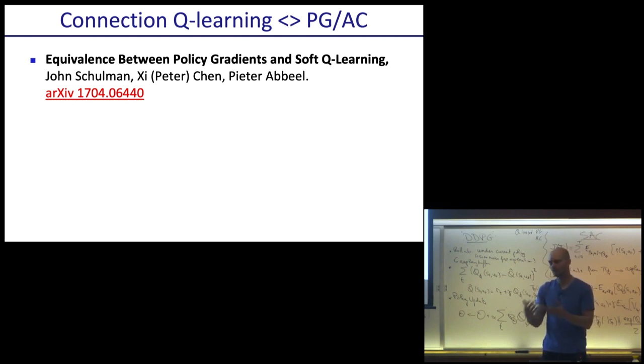You're following a policy and you're updating a Q function, which in turn updates the policy through the KL divergence. And if you look at the details of that, as a whole it starts looking a lot like a policy gradient update. So in practice, even though we all talk about Q-learning as being so different, a lot of people use the Boltzmann, the softmax policy for their data collection, and hence at that point it brings Q-learning a lot closer to the soft methods here as well as policy gradient methods.